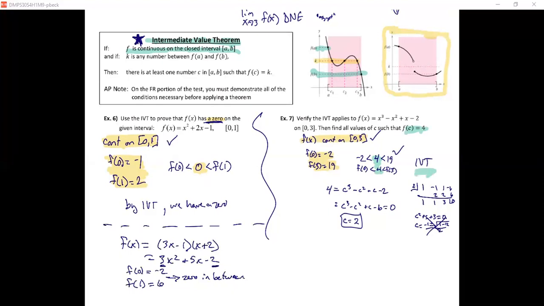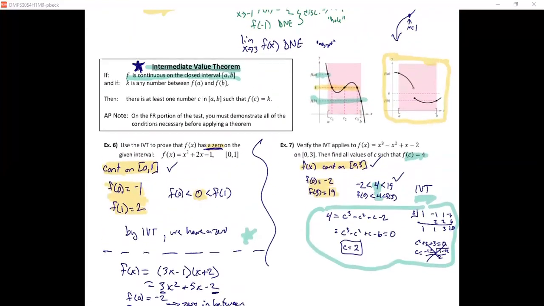Yay. And then this problem says find it. So if you notice, I found it, and then I showed there are no additional solutions other than 2. Where over here, I didn't actually find what f of c was, because I was not asked to.